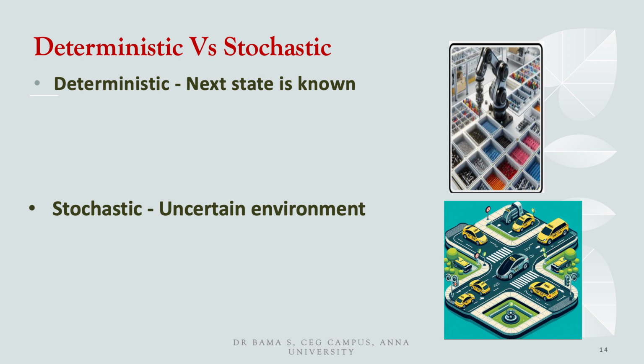In the stochastic case, it is not known. For example, in the same automated taxi driver environment, because the environment keeps changing, the automated taxi driver would not know in the next second how the environment would look. So, it would be stochastic, it would be uncertain.